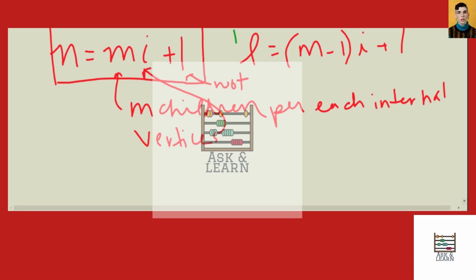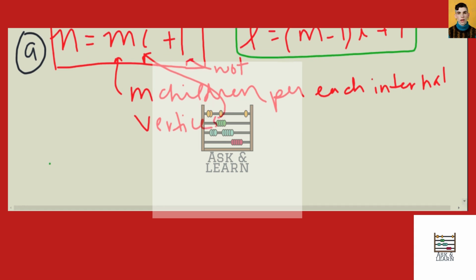So for the second one, which I'm going to do in green, and this is part A: for L equals (m minus 1) i plus 1, we know that n also can equal L plus i, which is the number of leaves plus the internal vertices.